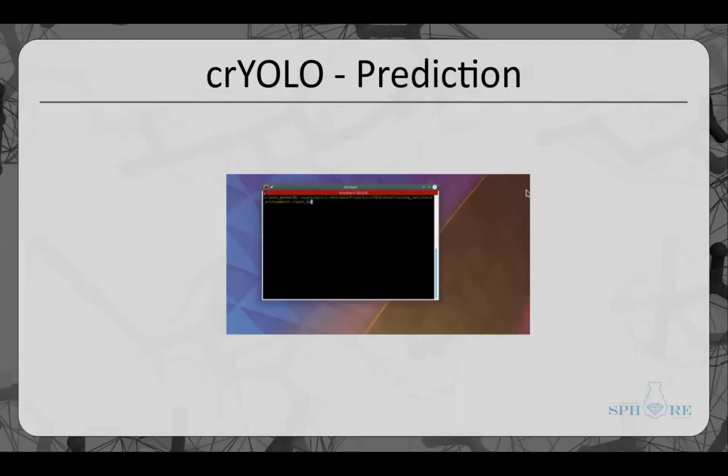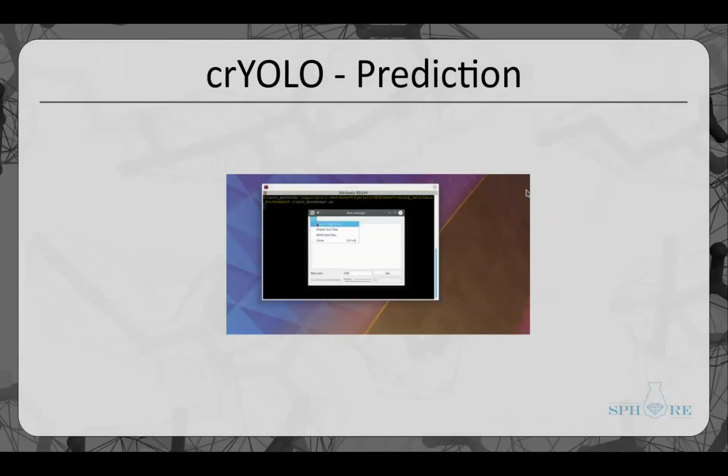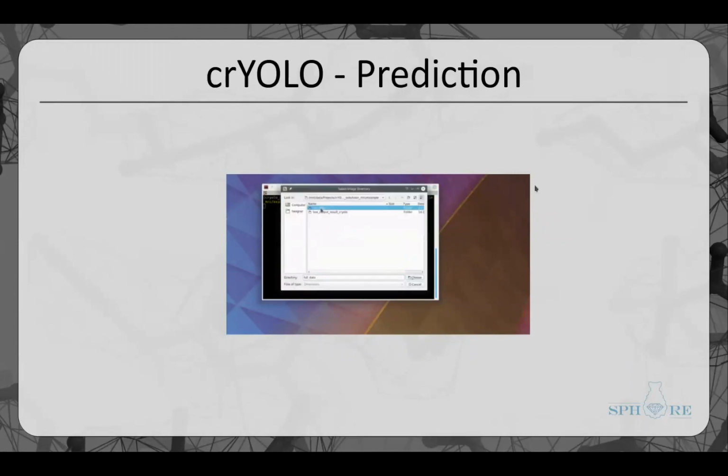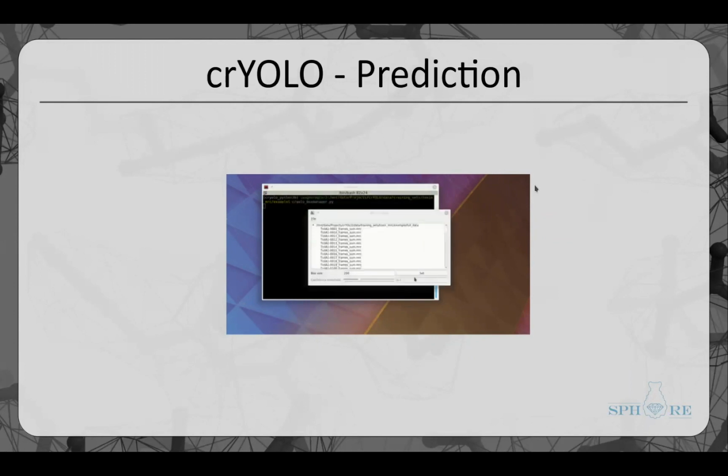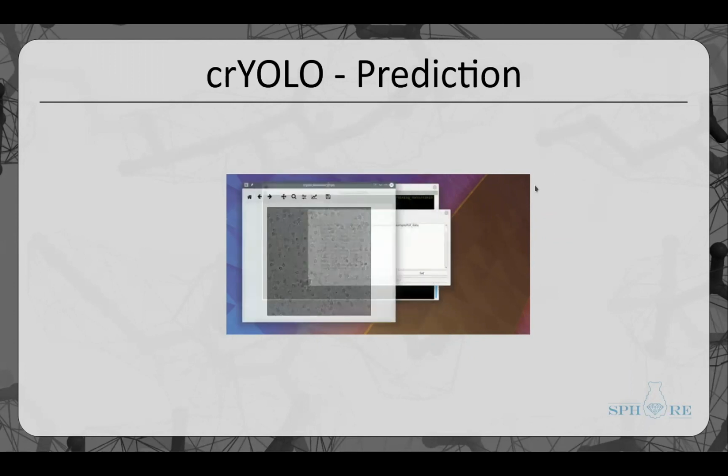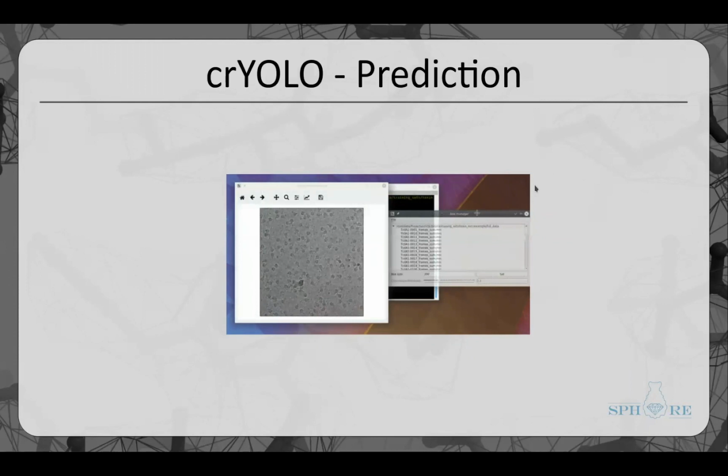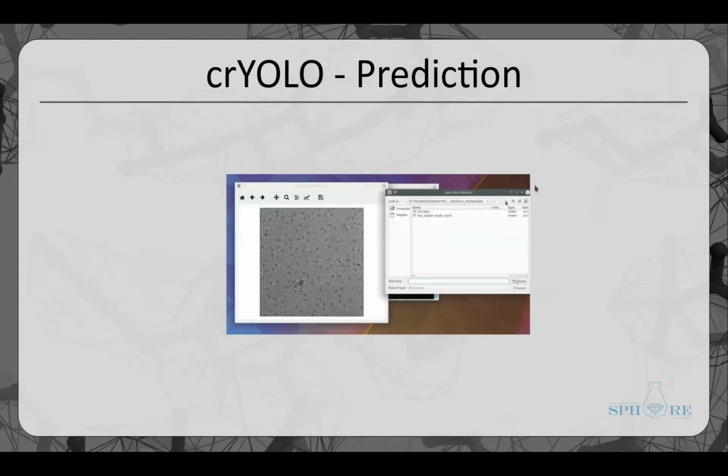So if you start the box manager, you can also start it from the GUI. Then you load your micrographs and the corresponding cbox files. And it might be that you are not happy with the default confidence threshold, which is 0.3, and you want to adjust this threshold.